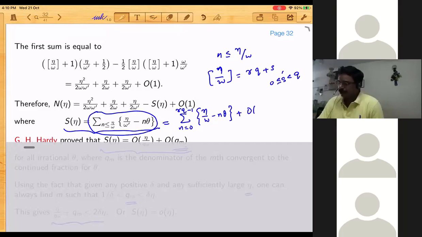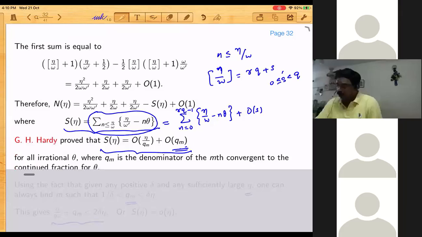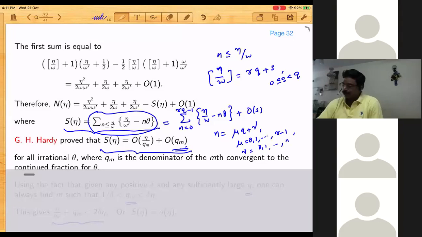Now this sum is evaluated again by looking at n equal to mu q plus mu, where mu is 0, 1 up to r minus 1, and mu is 0, 1 up to q minus 1.